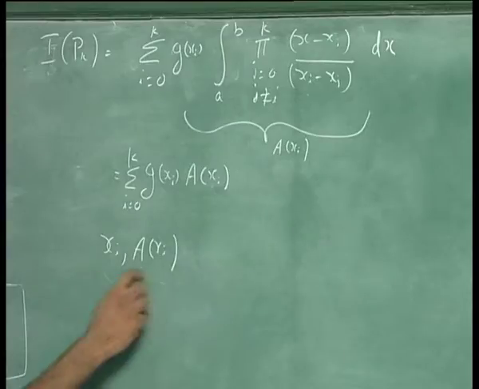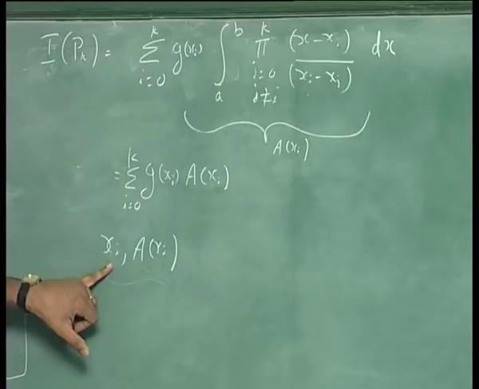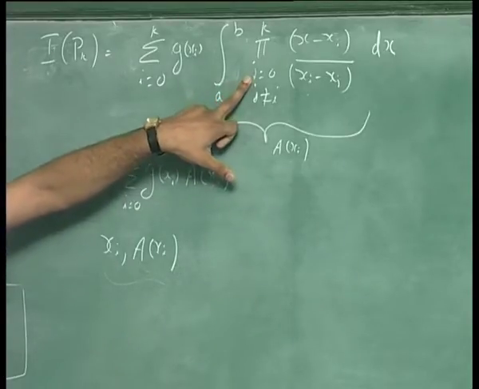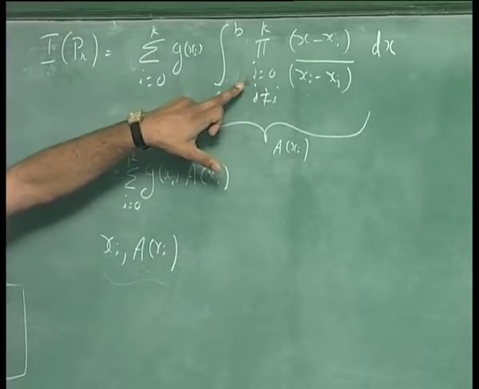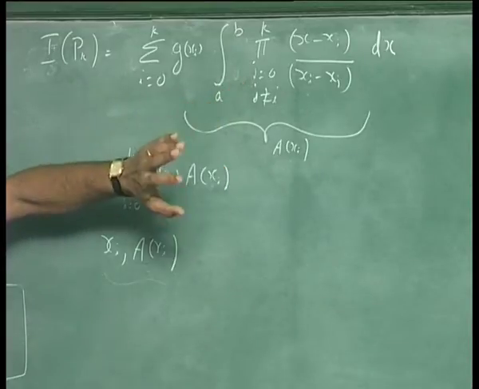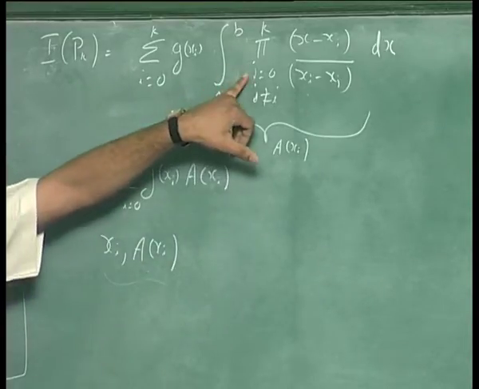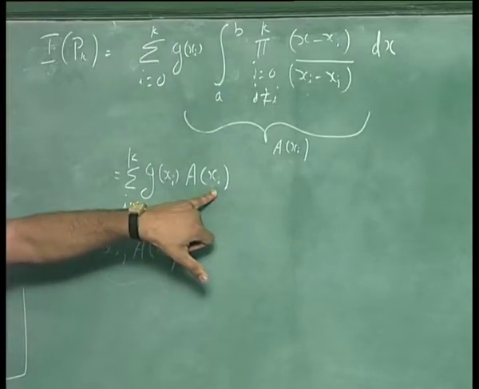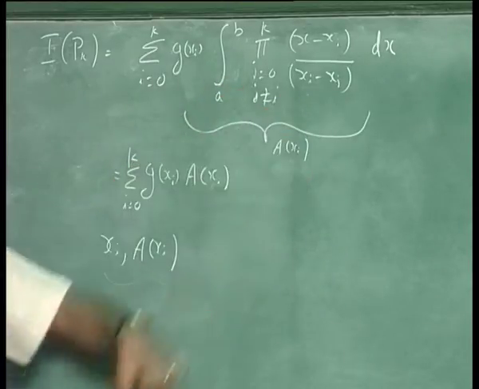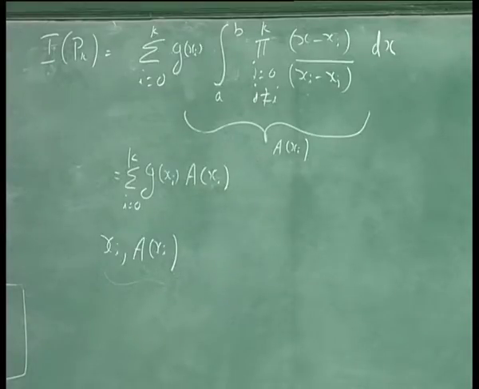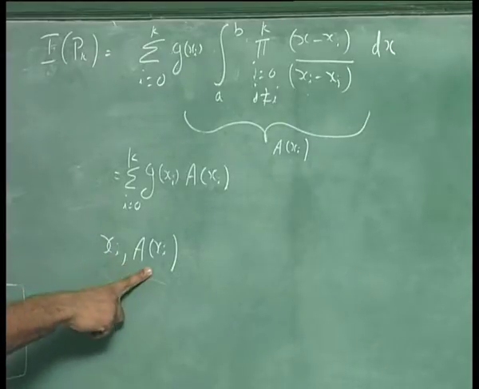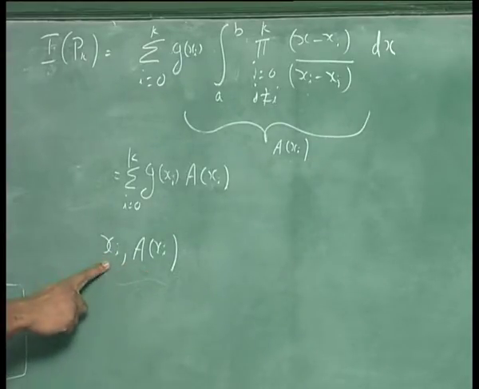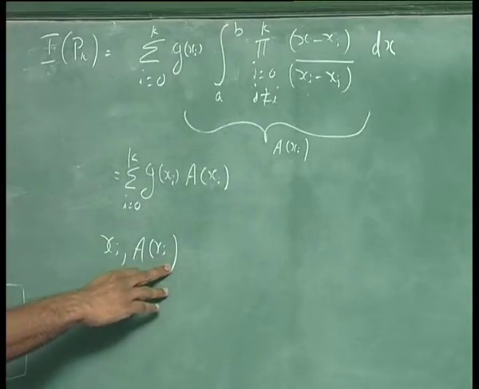So, once you have tabulated this xi and a of xi, that will depend on what order we choose, of course, because there is a product here, right. So, if you choose k or k plus 1 or k plus 2 order, or m, whatever order you choose, the weights will differ, because there is a product here. So, if you use a second order polynomial, k equal to 2, there will be 3 values of x, that is x0, x1 and x2, and a of x0, x1 and x2.